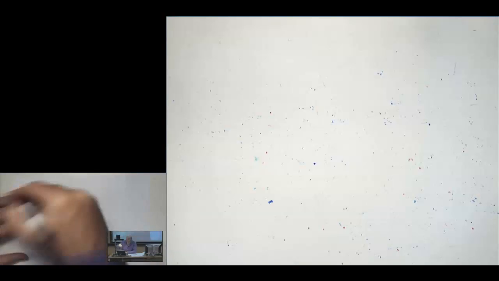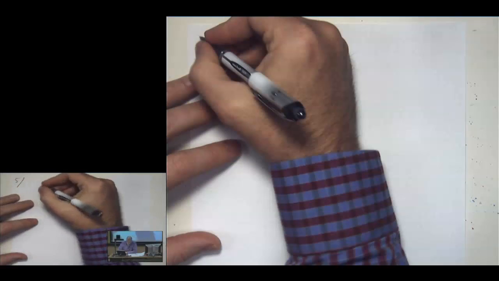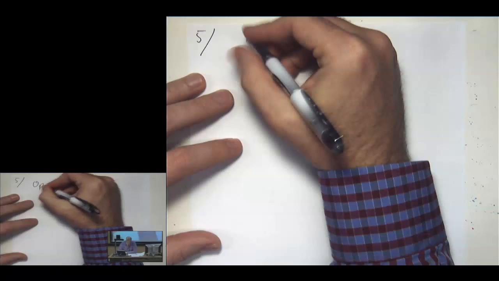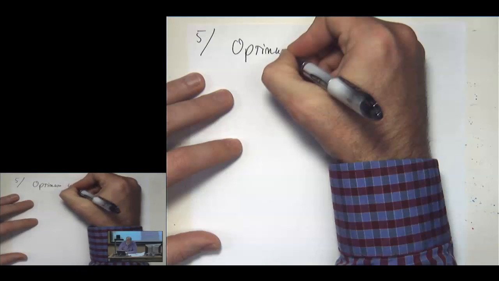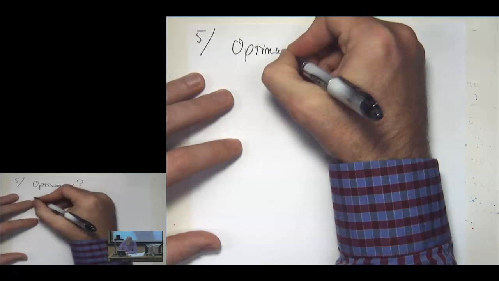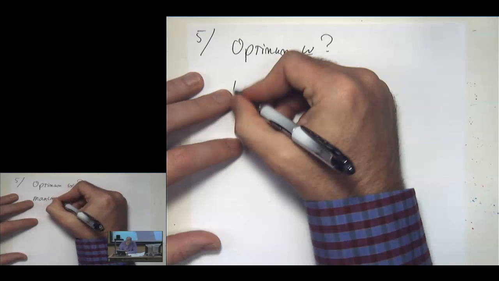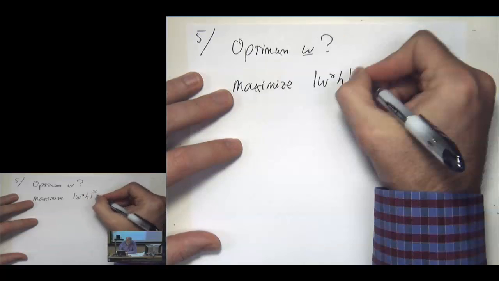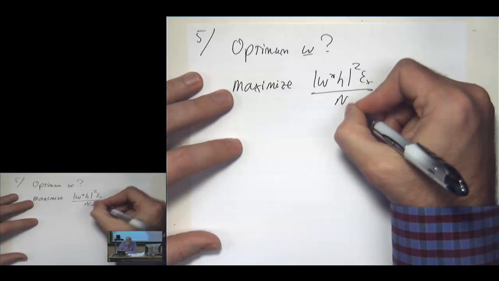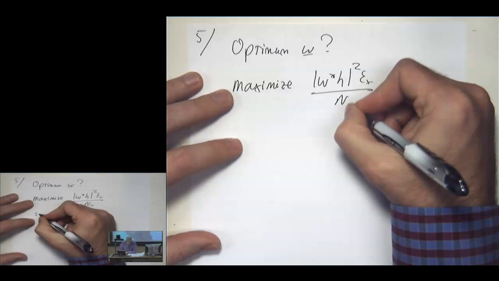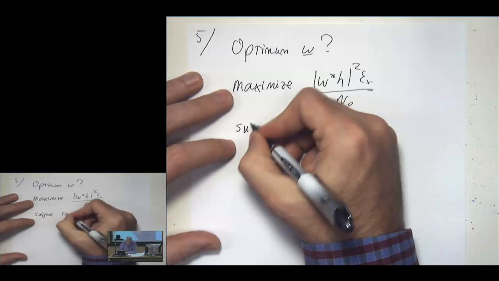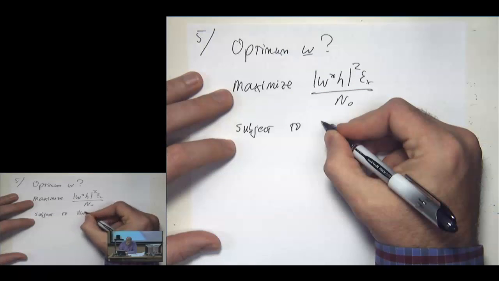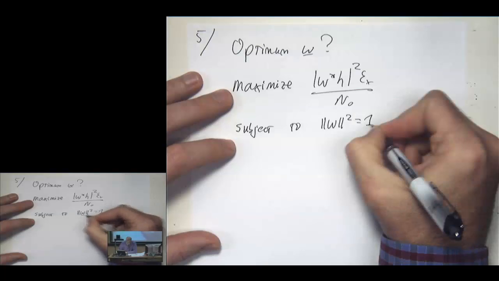Okay, so now let's maximize this SNR to find the optimum W here. So we're going to maximize the norm of W star H squared, E_X over N naught, subject to the norm of W squared being equal to 1.